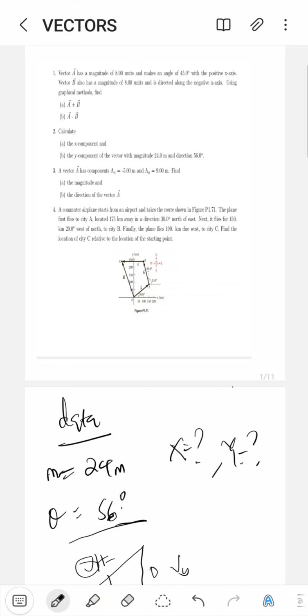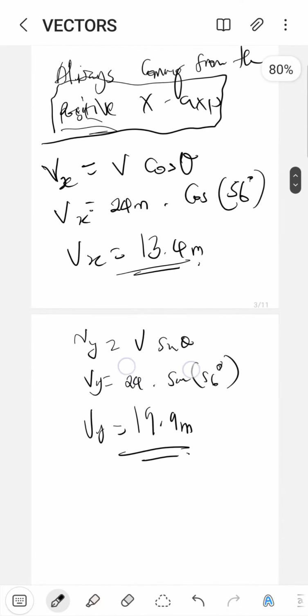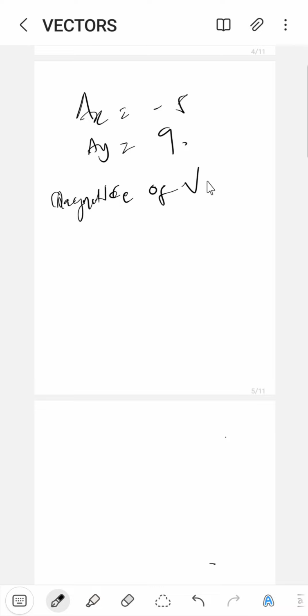Find the magnitude and the direction of the vector. We've been told to find the magnitude of vector A and its direction.